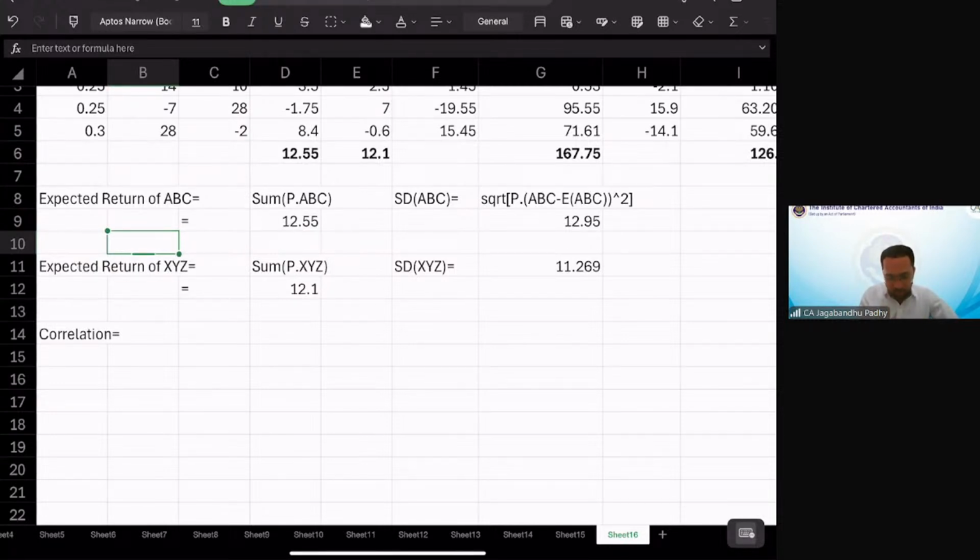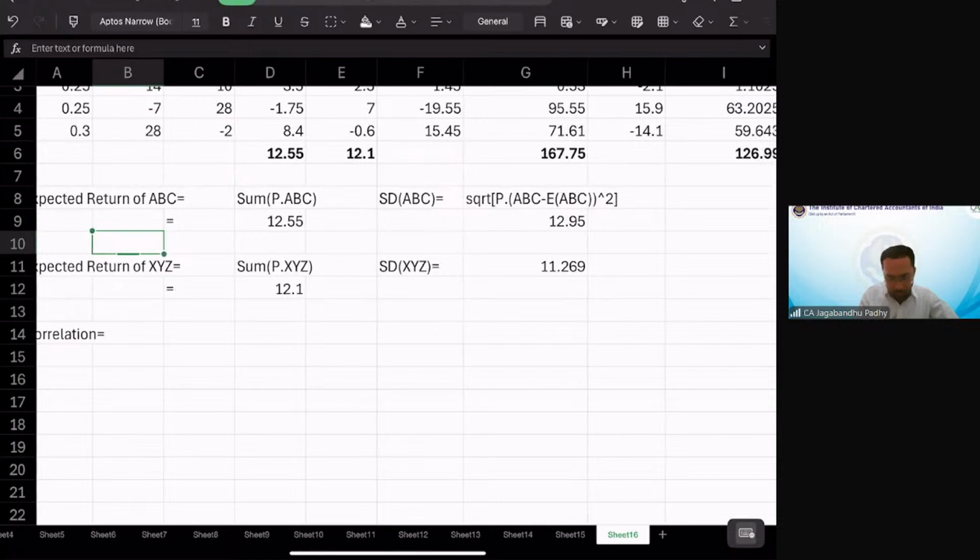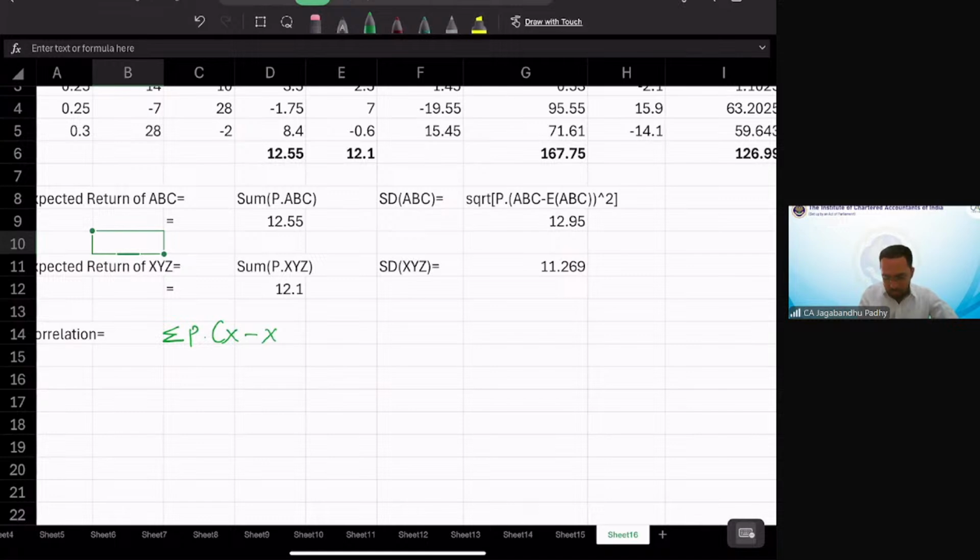Now, covariance over here is computed as summation of probability into x minus x bar, or expected value, into y minus y bar, and then you divide it by standard deviation of x and standard deviation of y.